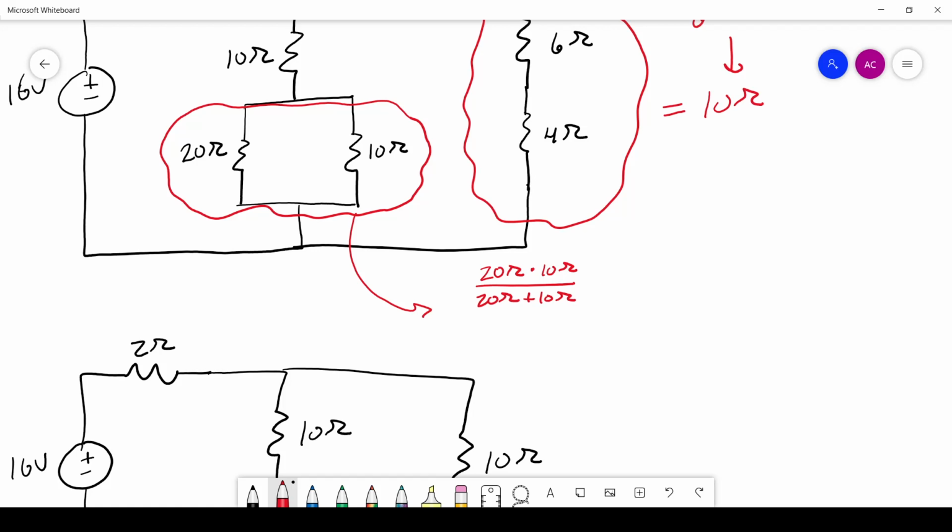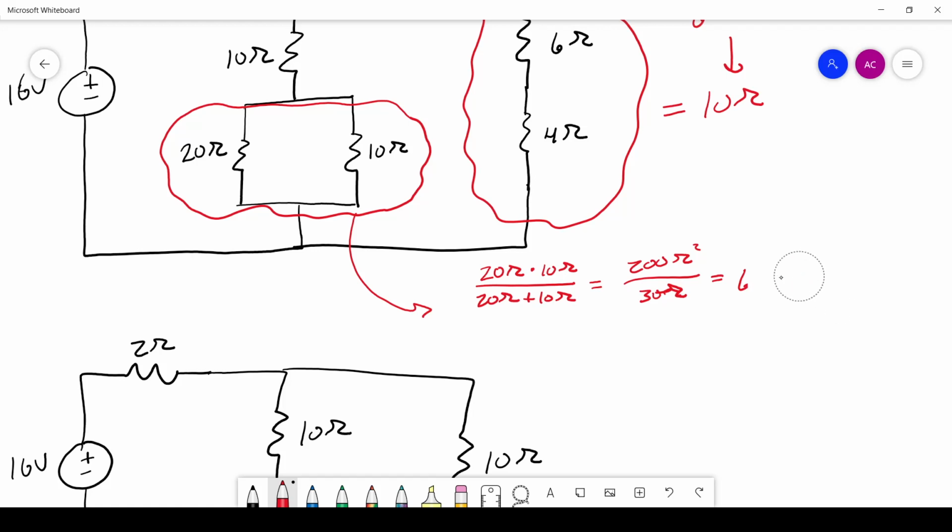Okay, so what we can do is we can say this is 200 ohms squared, because we have to square those ohms. Okay, 200 ohms squared divided by 30 ohms. Okay, and that's going to leave us with, let me go ahead and do the math to make sure I'm doing this correctly. 200 divided by 30. It's going to give us 6.67.